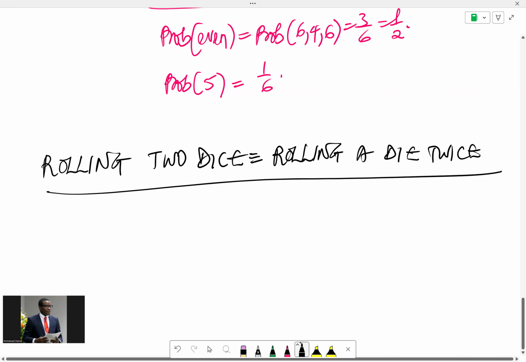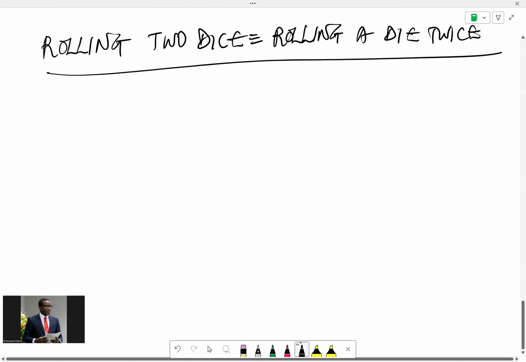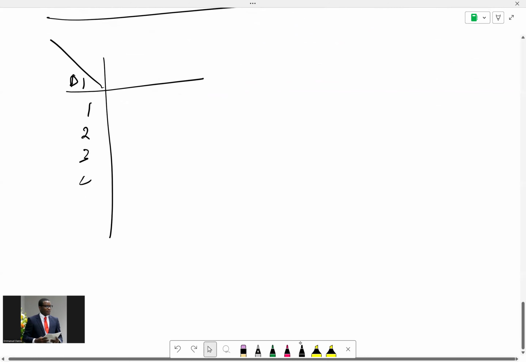Here, the standard treatment is to consider die 1 with its 1, 2, 3, 4, 5, and 6, and then there's die 2 here with its 1, 2, 3, 4, 5, 6.